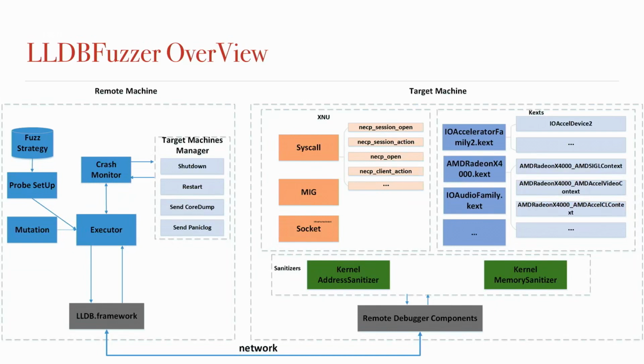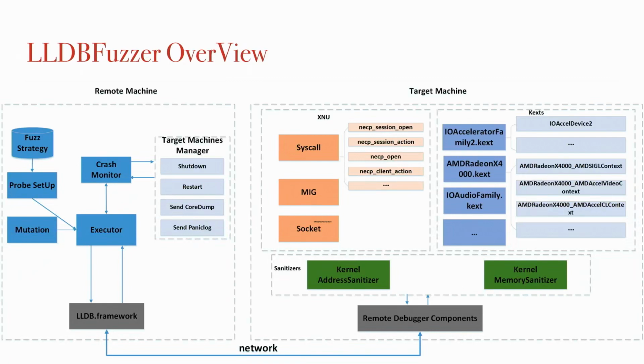Actually, there exist several kinds of mutation strategy, as you can see, such as random bit flip, integer increment or decrement, or something like that. And we can also control the mutation frequency and the scope to avoid harming the whole kernel system, to keep the kernel fuzzing always active.